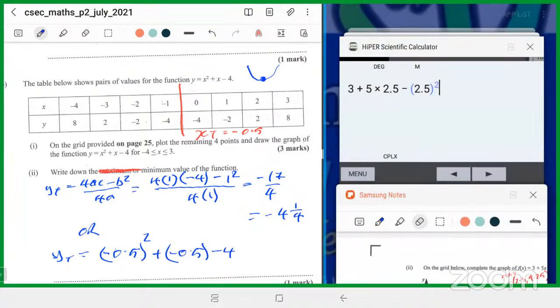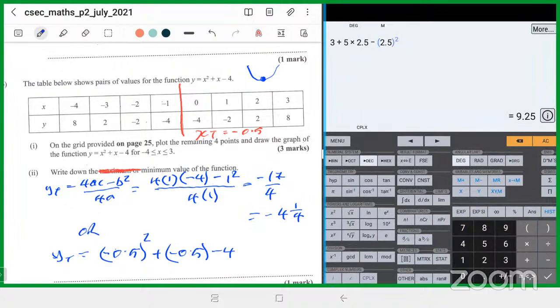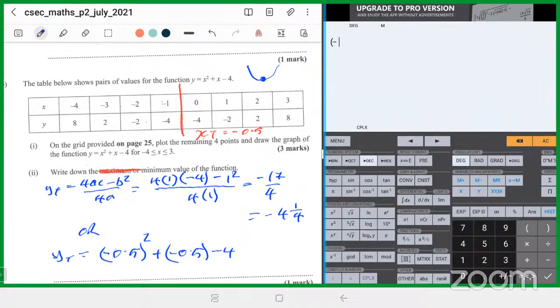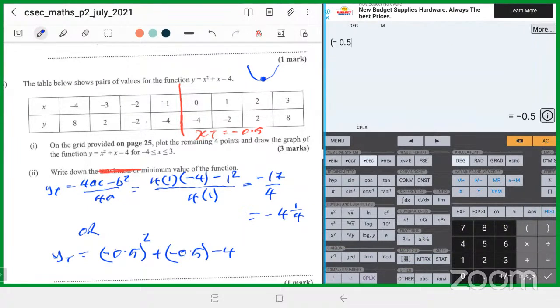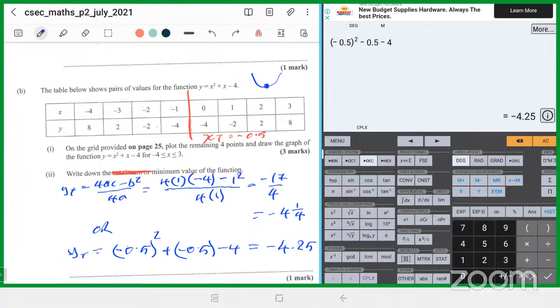Bracket -0.5, close bracket. We're squaring that, and then we're really subtracting 0.5 because the plus and minus right here is just minus. And then if we subtract 4 again, you get -4.25, same as this, -4 and a quarter. So that's the minimum value right there.